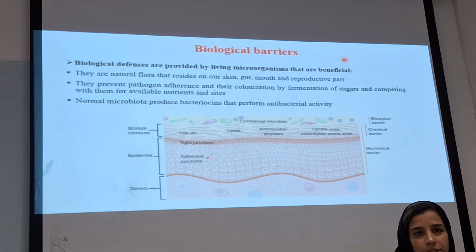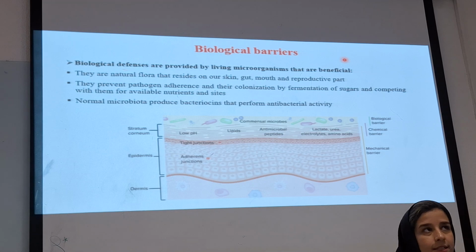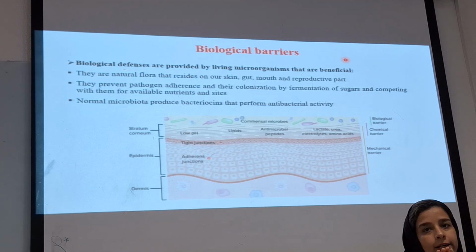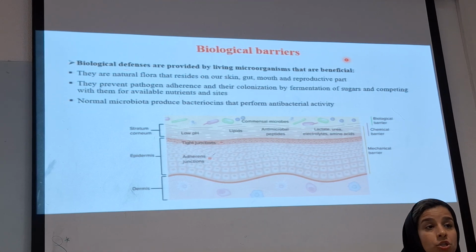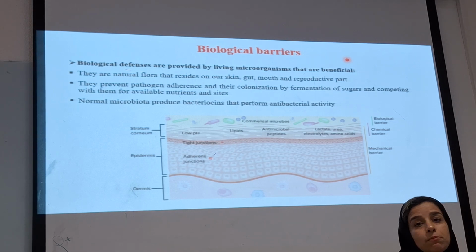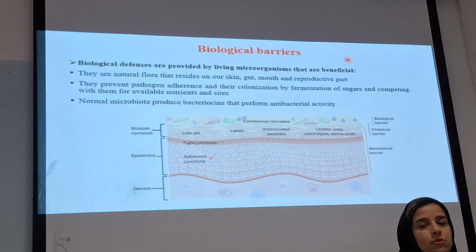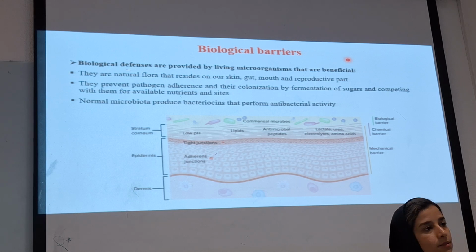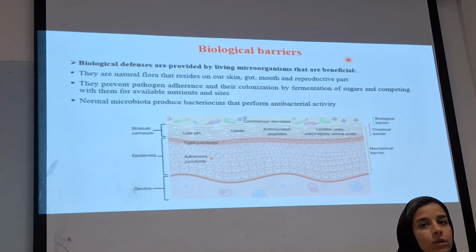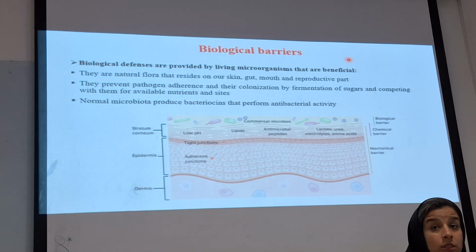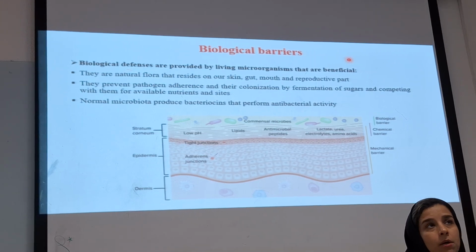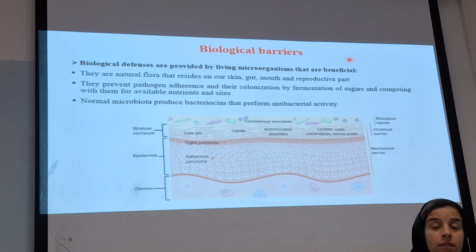They are called normal flora or microbiota, and microbiota is a very important field of research these days, because scientists in different fields are reporting associations between microbiota and specific diseases. For example, association between microbiota and cancer, and between microbiota and autoimmune disease.